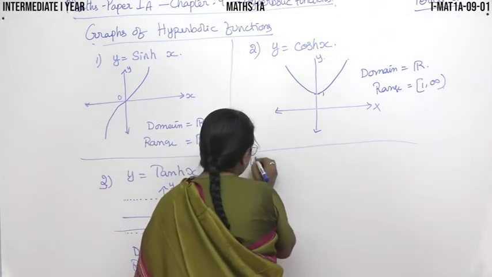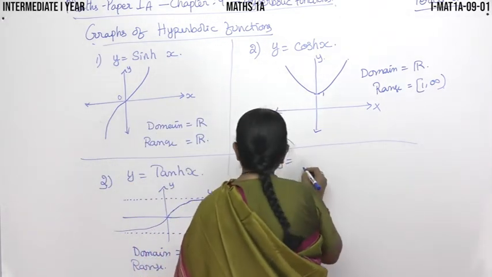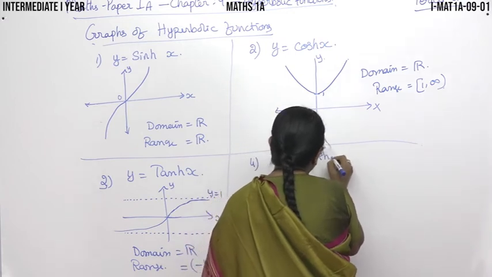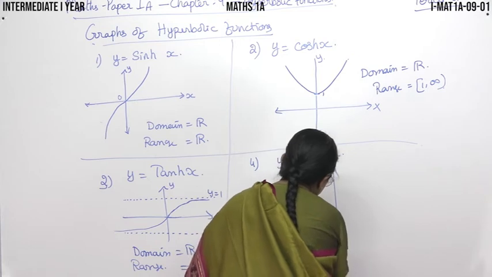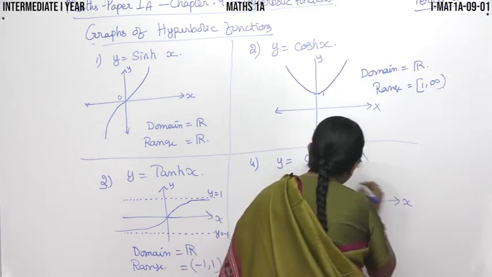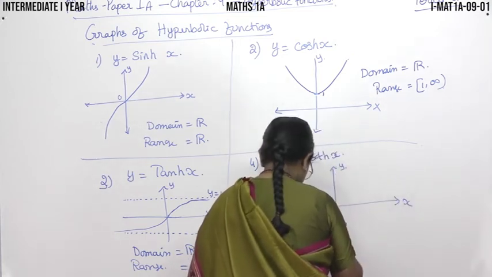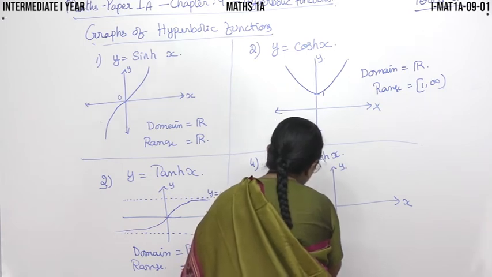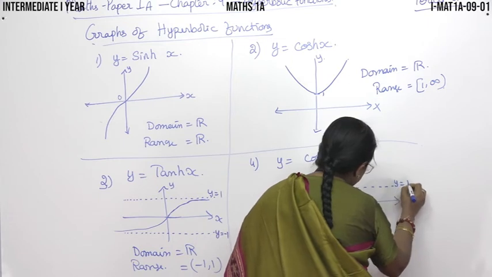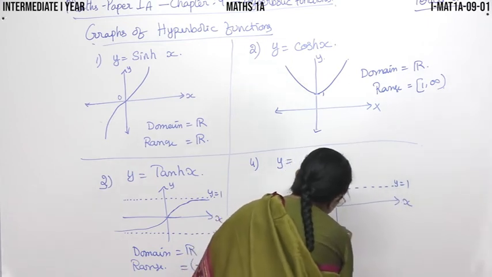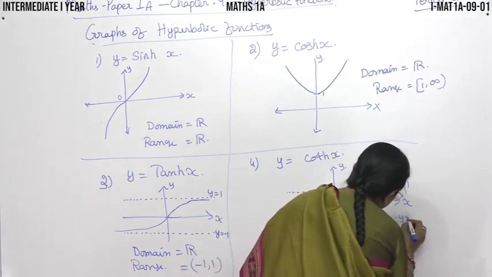Next, fourth one is y is equal to cot hx. Your graph will be like this. X-axis, y-axis. Then you draw the lines y is equal to 1 and y is equal to minus 1.